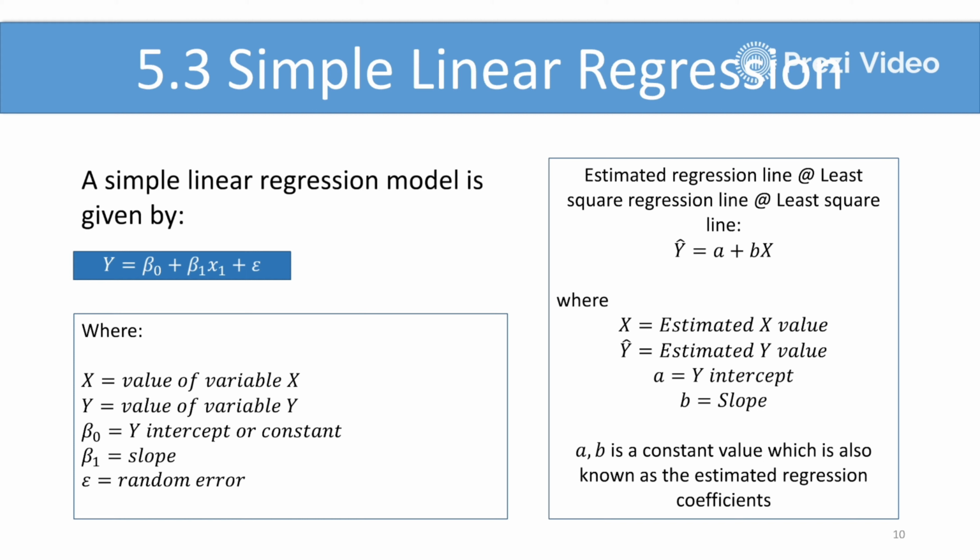What we want to focus on is the right side, the estimated regression line, also called the least squares regression line or least squares line.